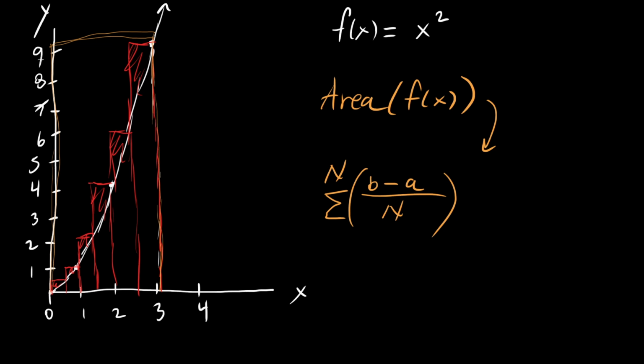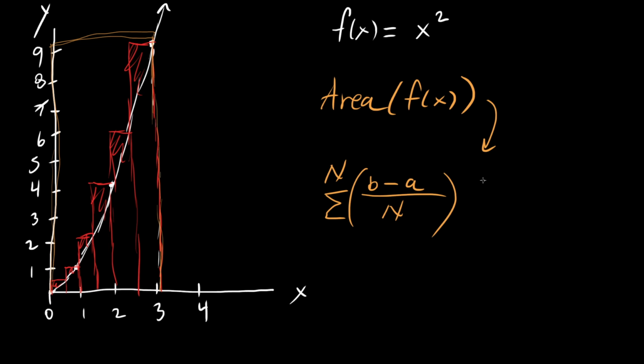So now let's think of how we could find the height of each one of these rectangles. Since we're taking the value of x on the right side to find the height, what we could do is just plug the x value into the function, because when we plug in the x value into the function, we get its corresponding y value.